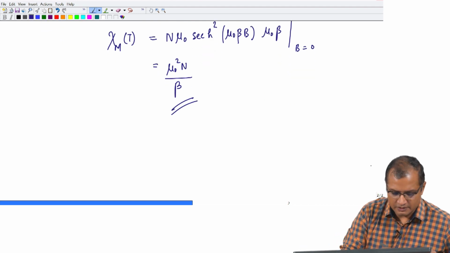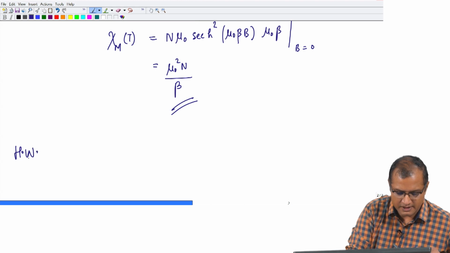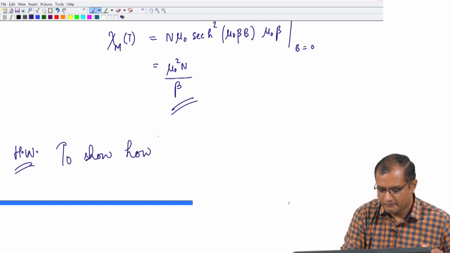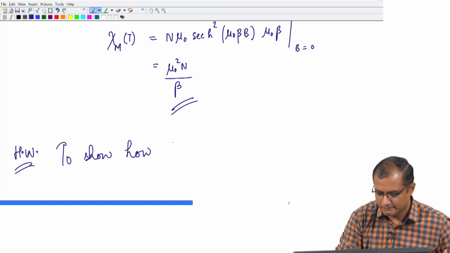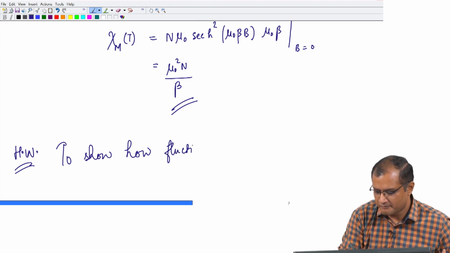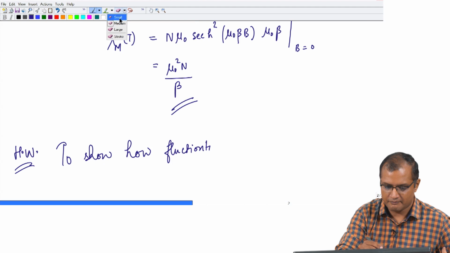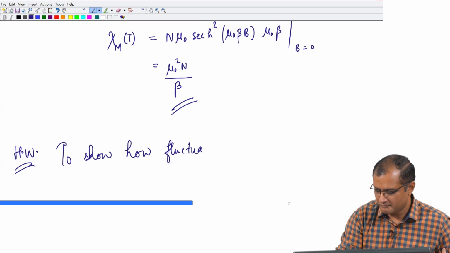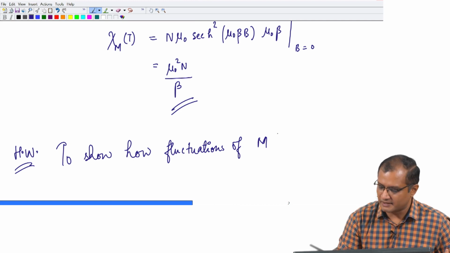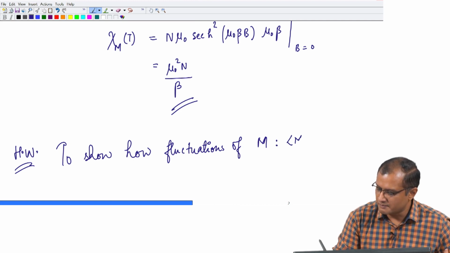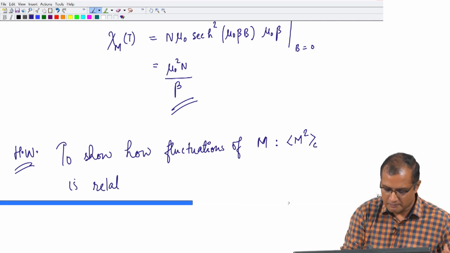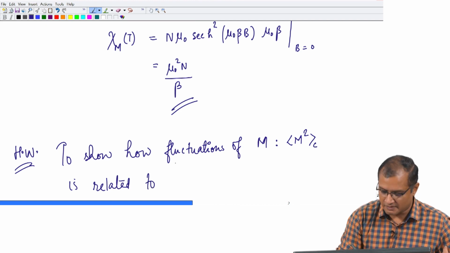and there is a homework task that I would give you in this lecture: to show how fluctuations of magnetization, which means fluctuation is represented as the second cumulant, is related to magnetic susceptibility.